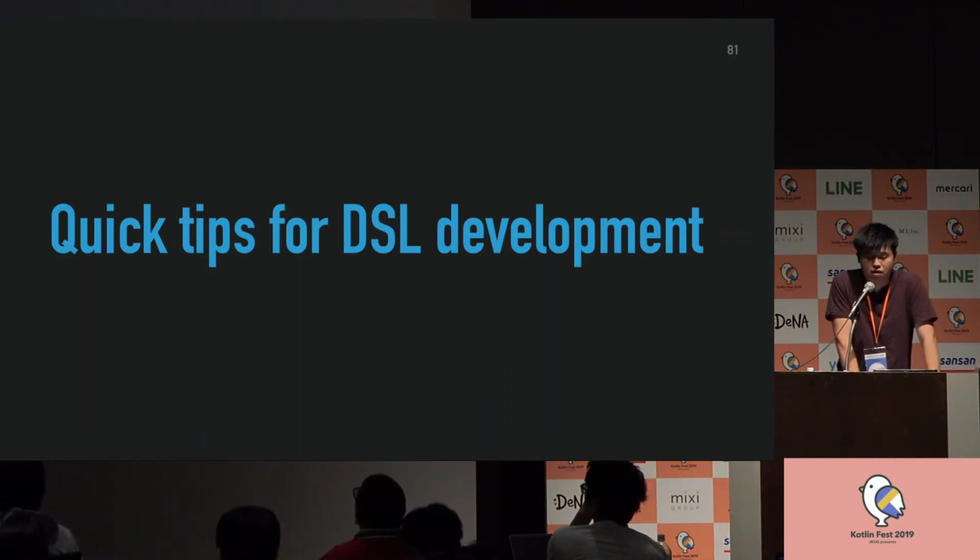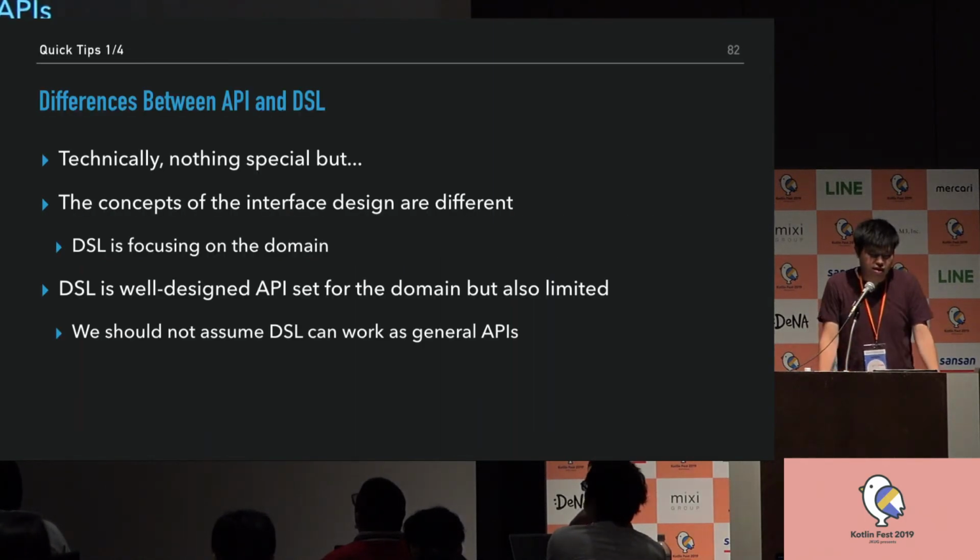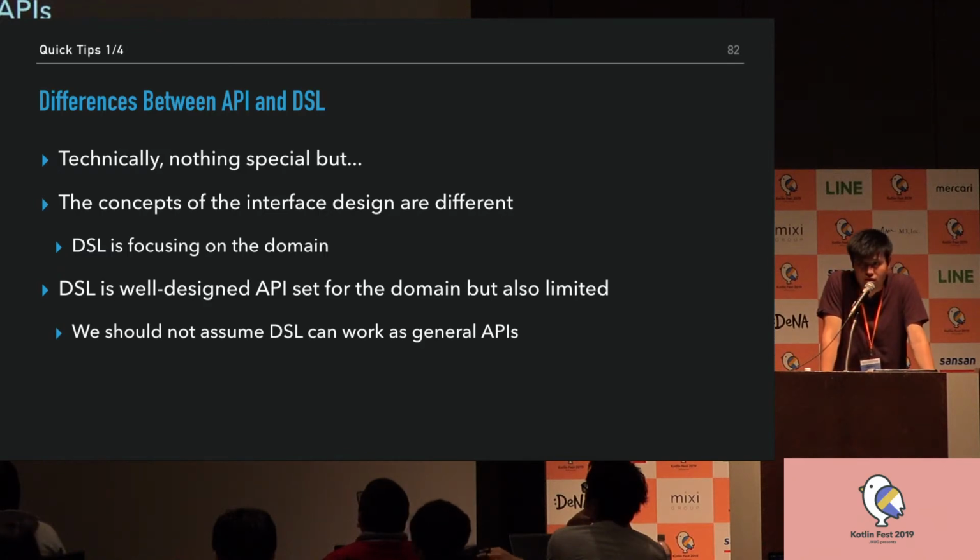Before closing, let's see quick tips for DSL development. There are no differences between API and DSL in the definition, but the interface design concepts are totally different. DSL is focusing on the domain and its users, of course.